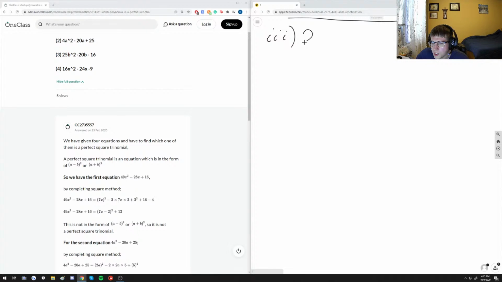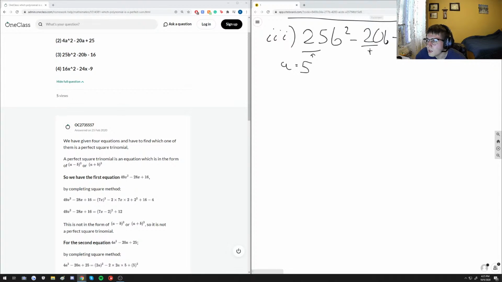Our third answer choice here is 25b squared minus 20b minus 16. So essentially, we can once again go through the assumptions. So we're going to say that in this case, the square root of 25 is going to be 5. So our a value is 5.